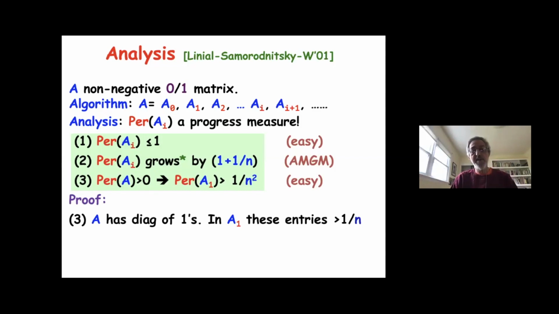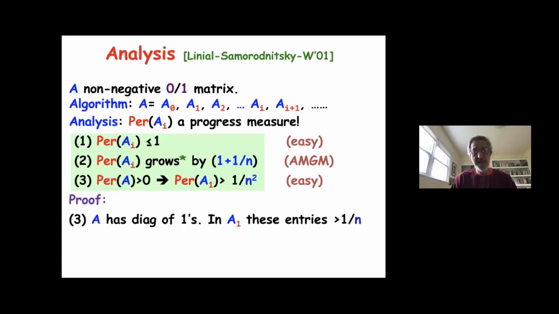The last step, the fact that there is a lower bound is very simple. If A had a perfect matching, then after the first scaling operation, when we normalize the row sums, these entries became at least 1 over n.